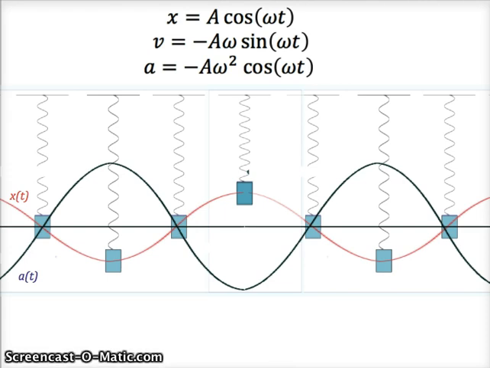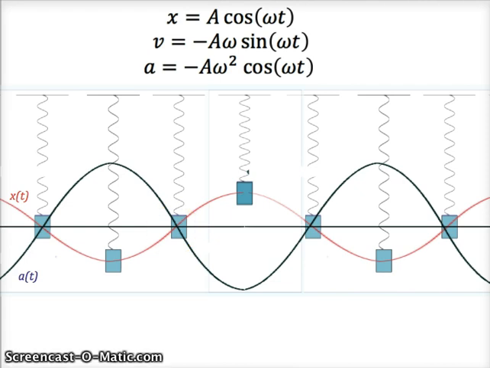It has the same cycling. It's just opposite. The negative sign here just means that when the position function is low, then the acceleration function is high. And when the position function is high, then the acceleration function is low. But they're both 0 at the same time.